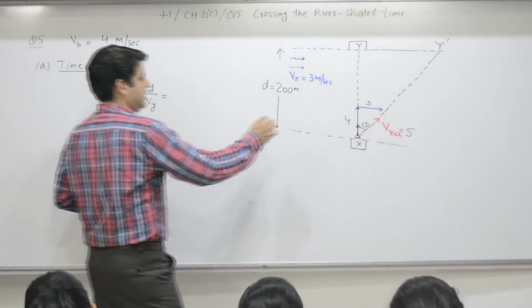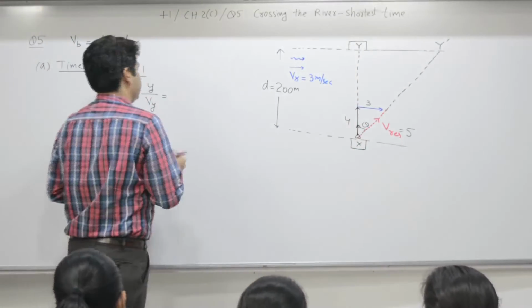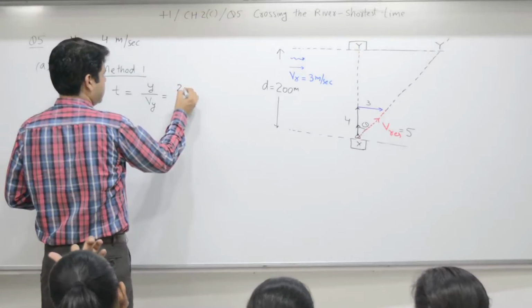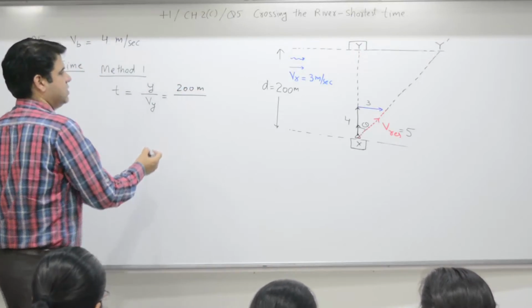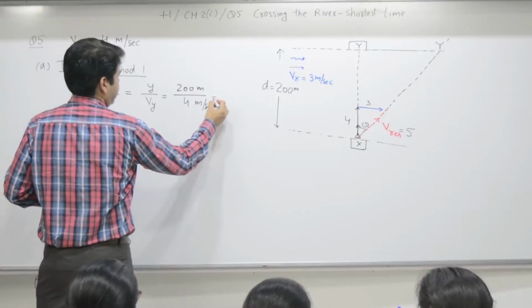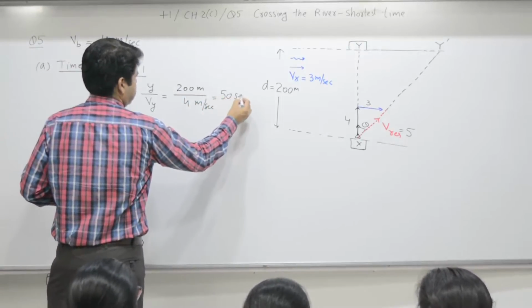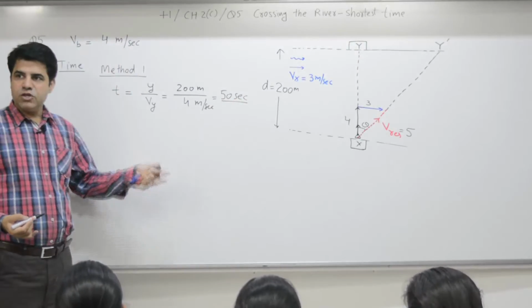What is the velocity along this direction? 4 meter per second. So 200 meters divided by 4 meter per second, what you get is 50 seconds. That is method 1.